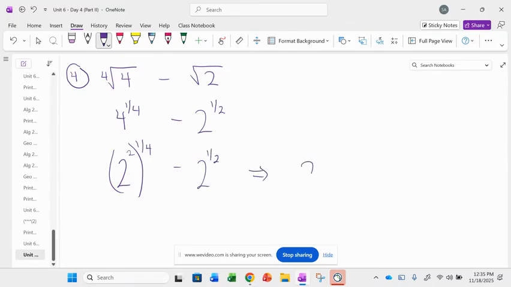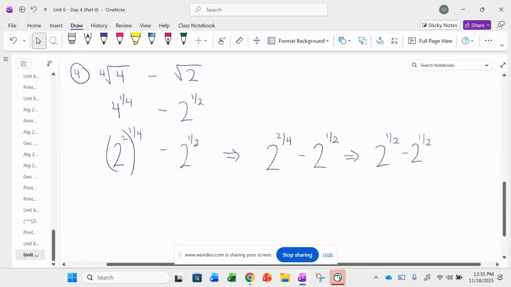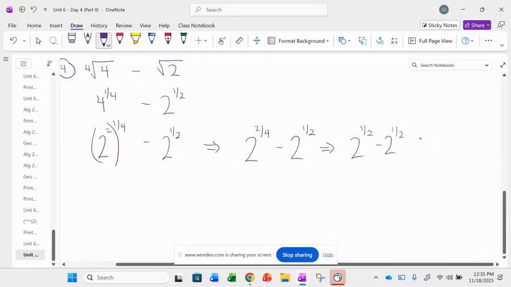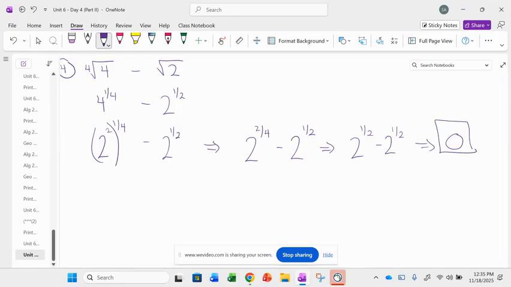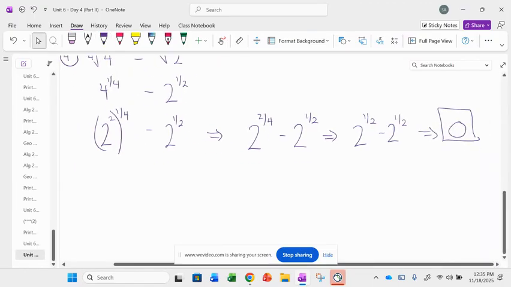So this will be 2 to the 2/4 minus 2 to the half. Well, 2 to the 2/4 is 2 to the half raised to the half power. And what happens when you take a quantity away from itself? It's just 0. We did this. This was the last problem we did yesterday. All right, last problem for multiplication.